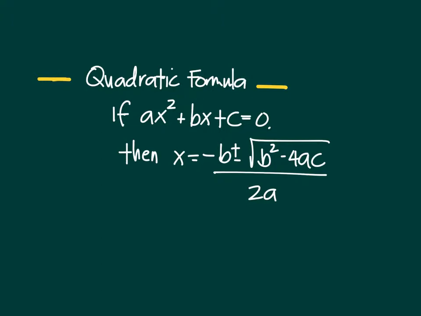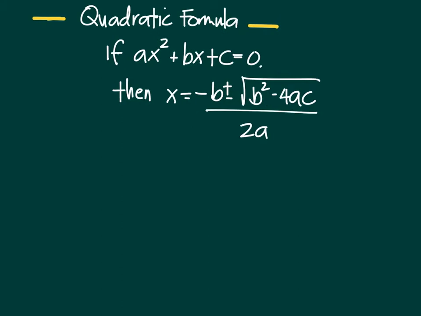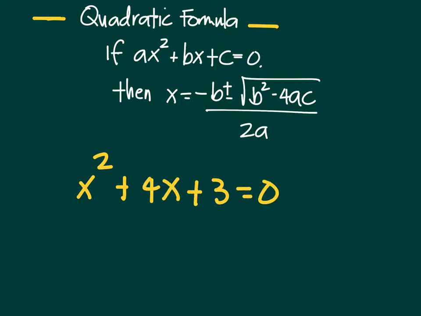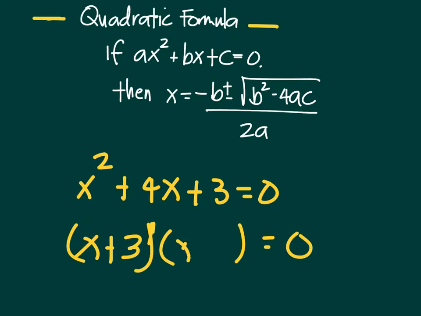Now remember that when we solve quadratic equations, there are ways to find the value of x, and one way is to factor the expression. For instance, if we want to solve the quadratic equation x squared plus 4x plus 3, then one can apply factoring, and this will be (x plus 3)(x plus 1).